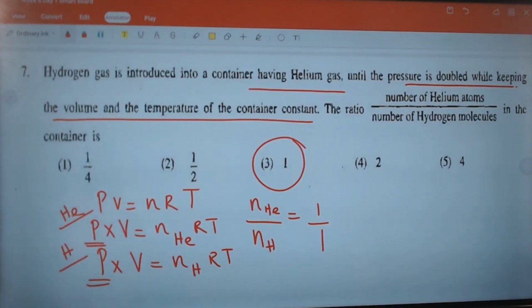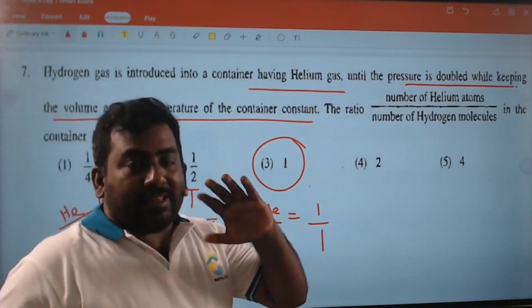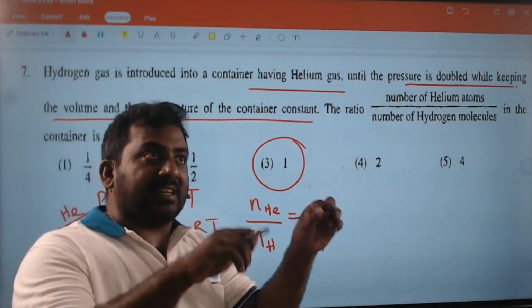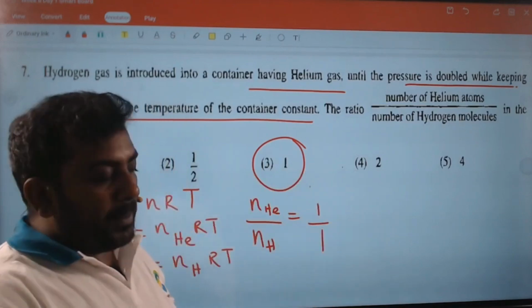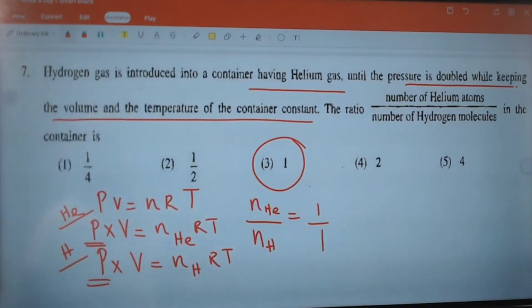This means the partial pressure of hydrogen is also the same as the partial pressure of helium.